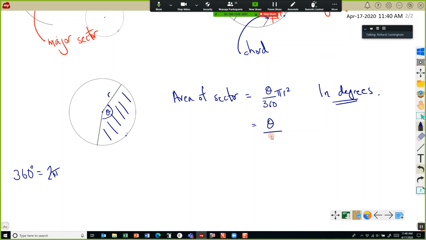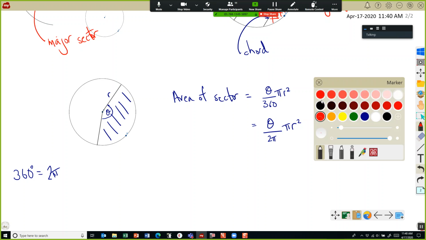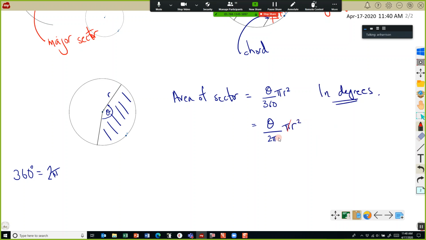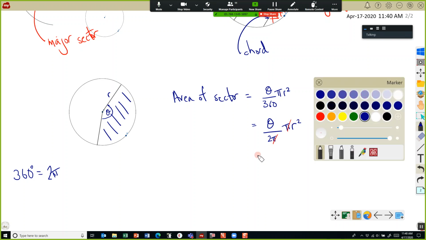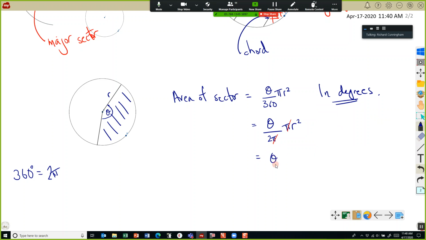Okay, so to work out the formula in radians, I'm going to replace the 360 degrees with 2 pi because that's what it is in radians. I've got pi r squared. What's going to happen to the pi's? Yep, cancel out. So I'm left with the formula theta over 2 times pi r squared, where theta is in radians.